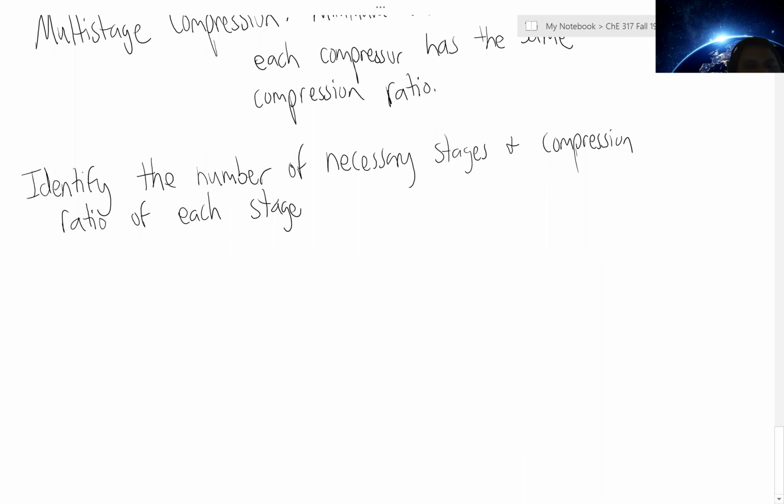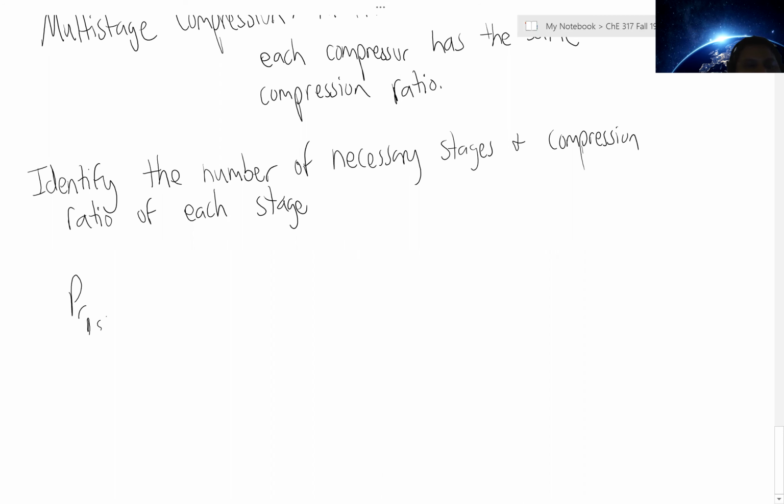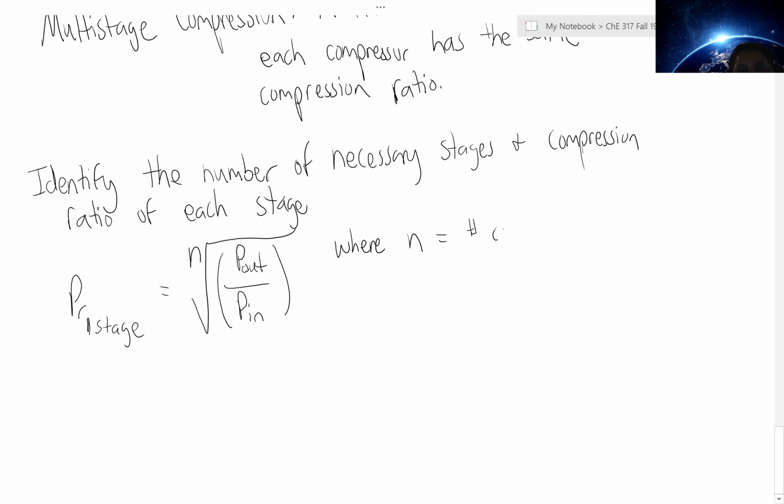I can say the compression ratio for one stage is equal to the nth root of my desired outlet pressure over the inlet gas pressure, where N is the number of compressors in the system.